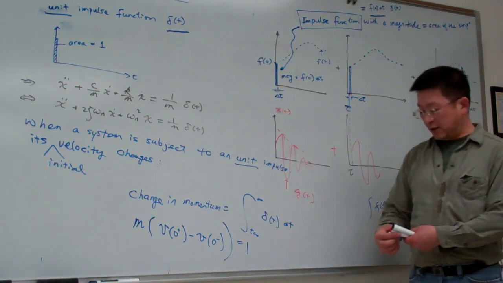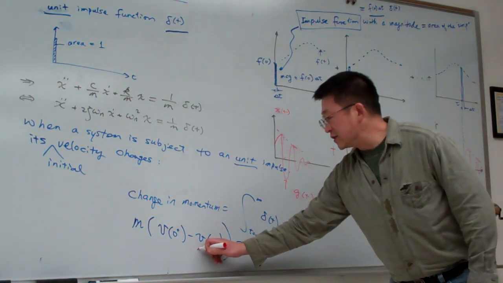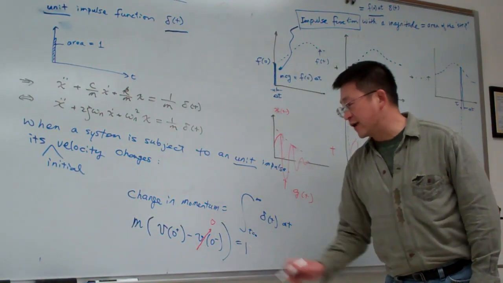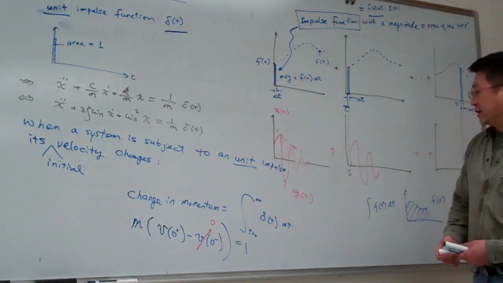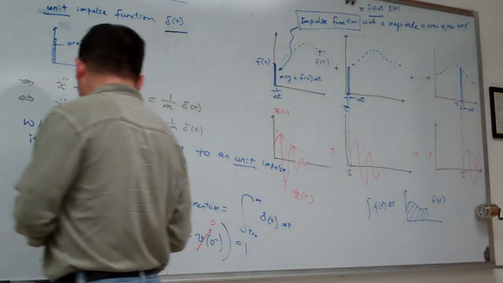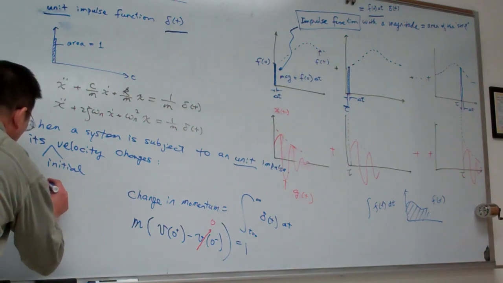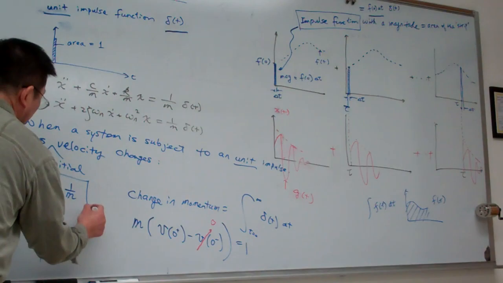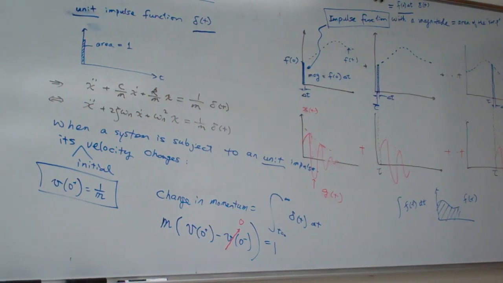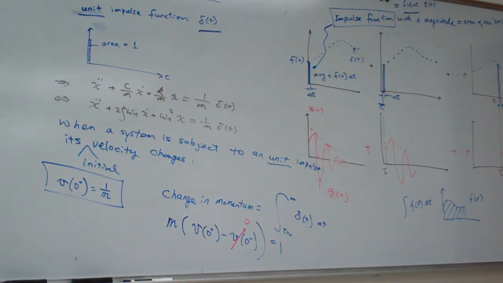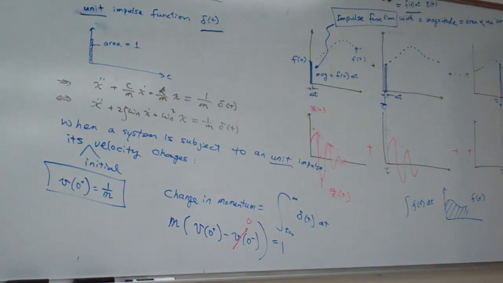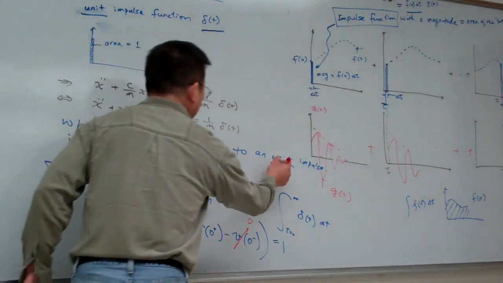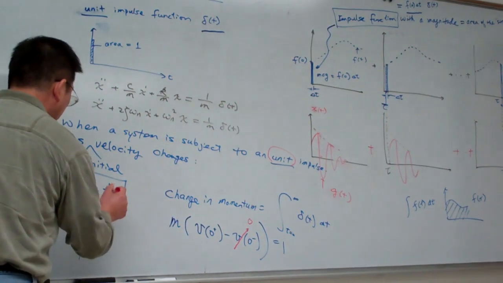Okay. Furthermore, for the system that is stationary, before the kick the system has no velocity. So after the kick, the system gains the velocity v0 plus equal to 1 over m. That is the velocity gained by the system due to the kick, and this is for a unit impulse.